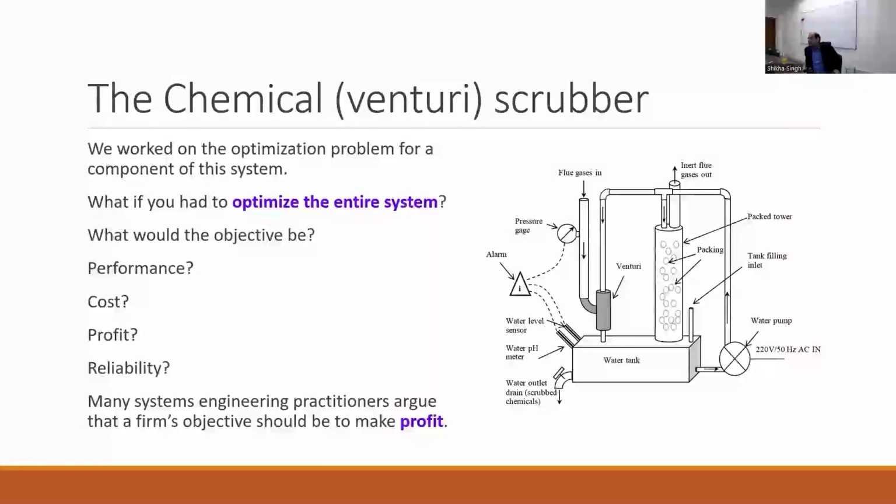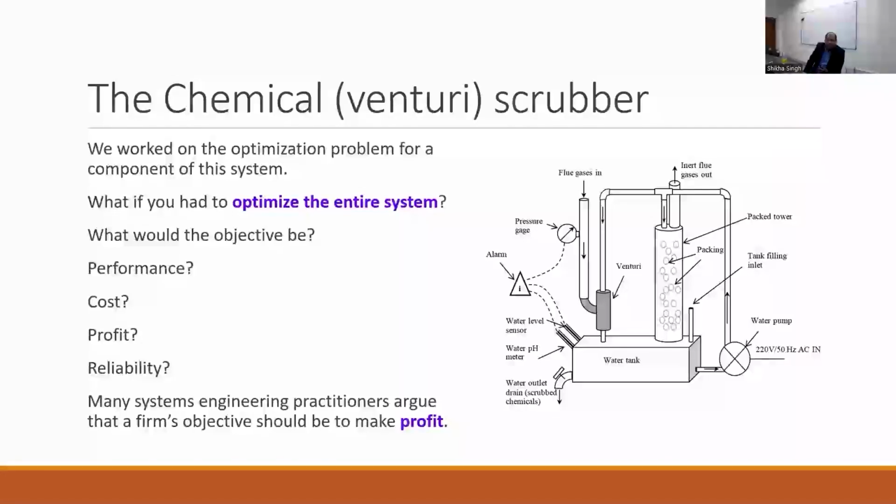You know from your multi-objective optimization understanding, the objective cannot just be performance because the system might cost too much or be expensive to manufacture. The objective cannot just be cost because then you optimize other things. Again, reliability and performance sort of go hand in hand. If you increase reliability too much, you also increase the cost.